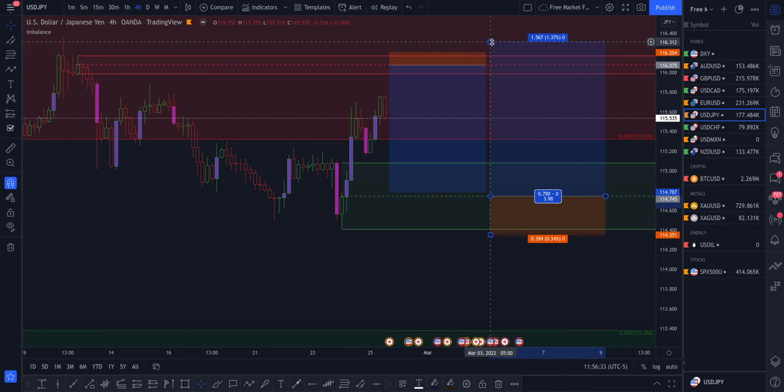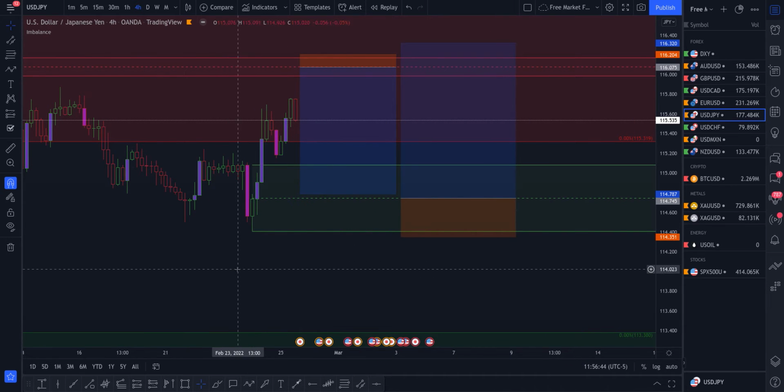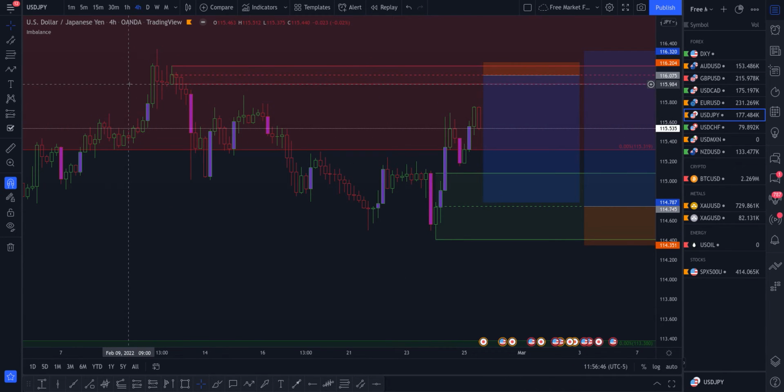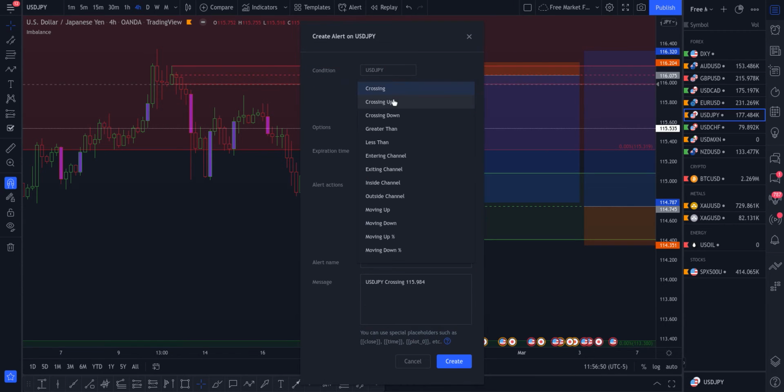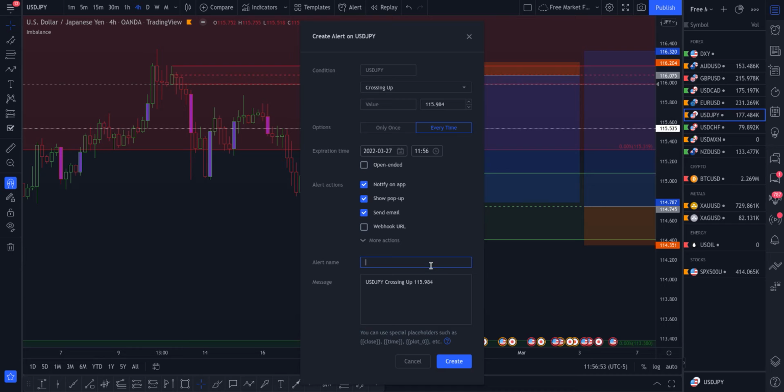I'm sorry, guys. A little OCD here. Been a little anal. All right. So we could possibly look to see taking that trade there. And again, it just really depends on how price action plays out. So we'll add an alert crossing up every time for our supply zone.